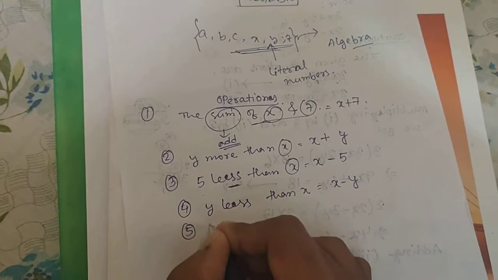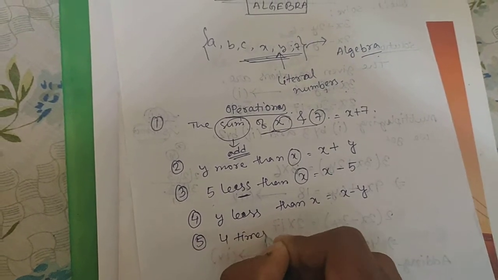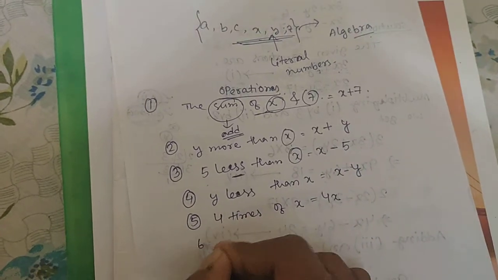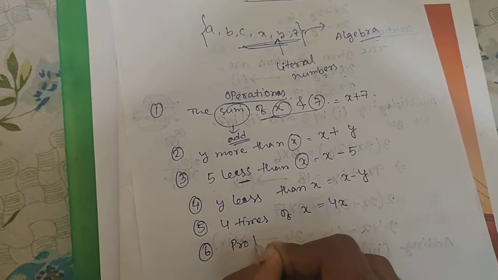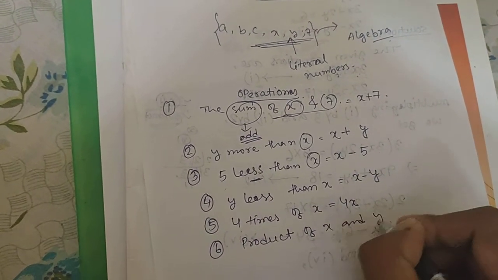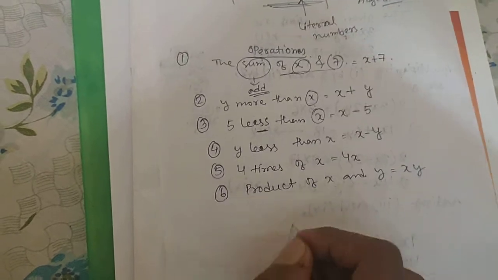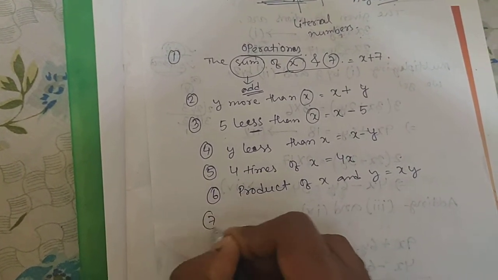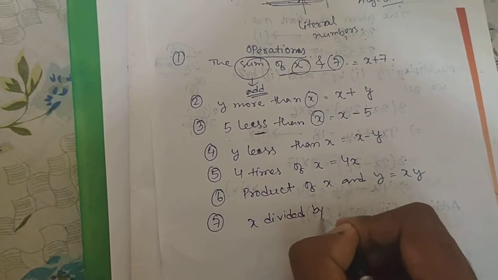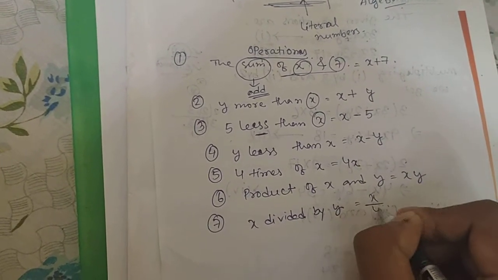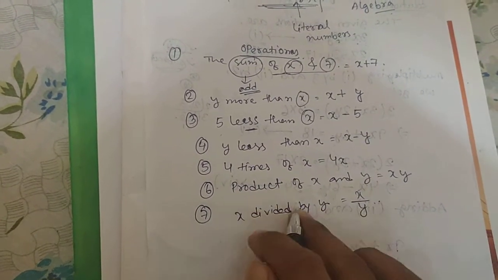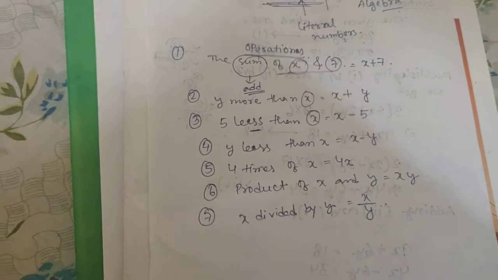Number 5, suppose there is written 4 times of x, which means 4x. Suppose there is written product, the multiplication of x and y, which means xy. Now number 7, suppose there is written x divided by y, which means x by y. Suppose x divided by 7, x by 7, 7 divided by x, 7 by x, like this.